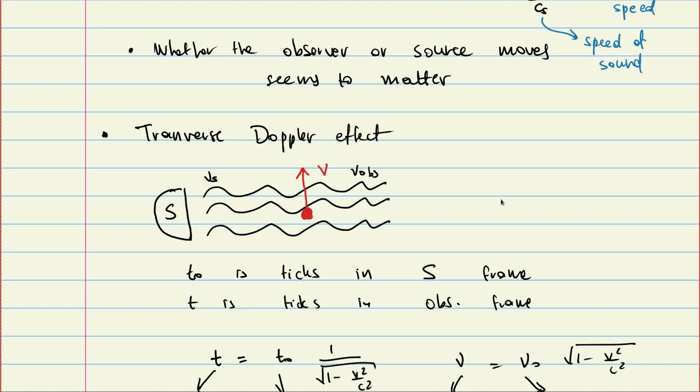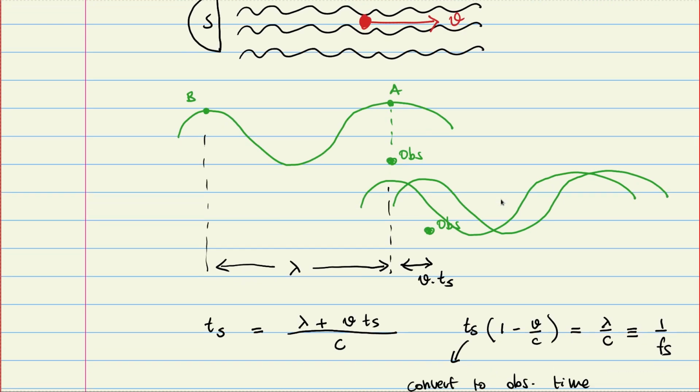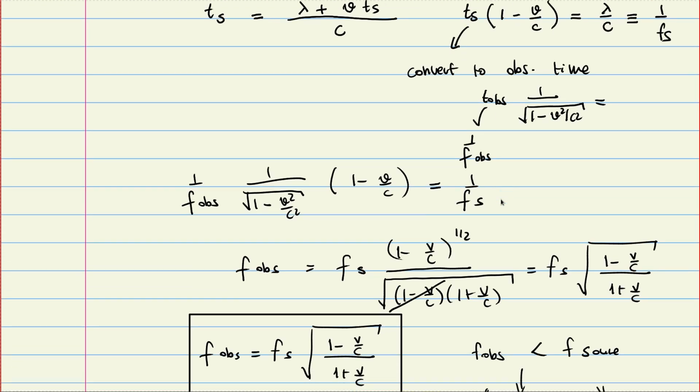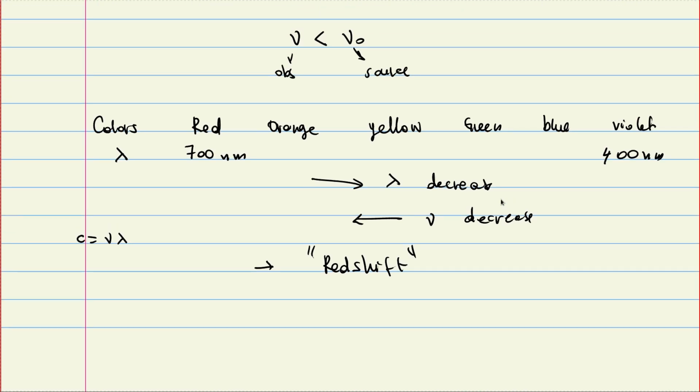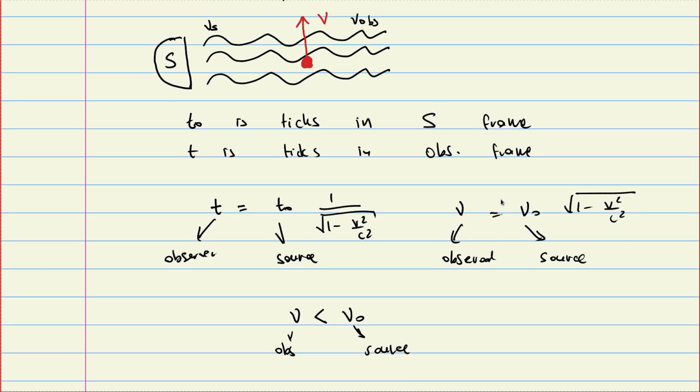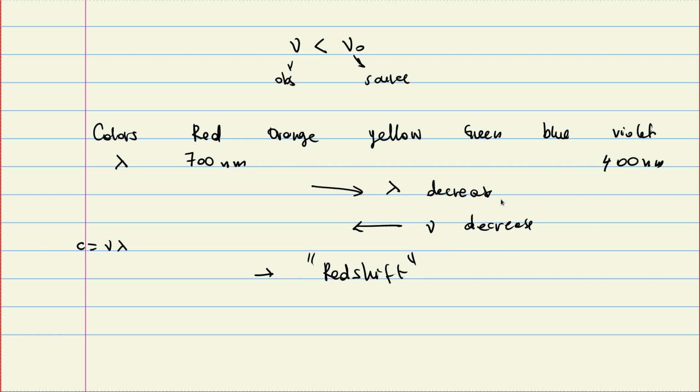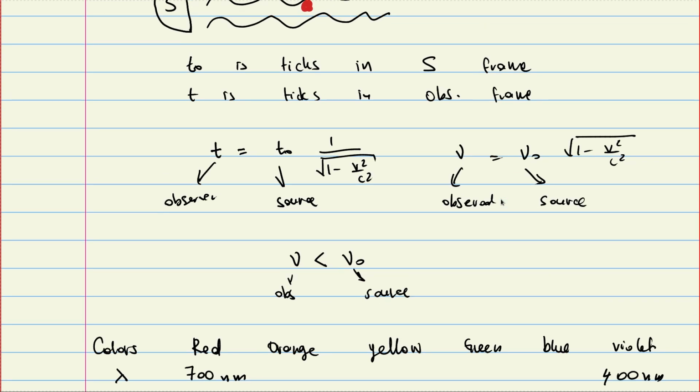Okay. Hocam, I have also a question about the transverse calculation. You wrote T equals T naught over square root of 1 minus V squared over C squared in the upper part. Yes, this effect is mutual, but in the first class we wrote T observer equals T source over this again.